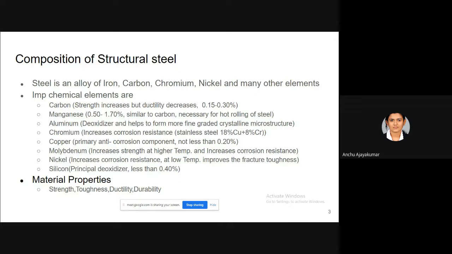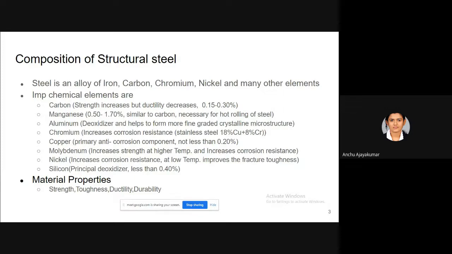Another important element is manganese, with a percentage range from 0.50 to 1.70%. It has effects similar to those of carbon, and steel producers nowadays use these two elements, carbon and manganese, together in combination to achieve certain desired properties in the structural member.